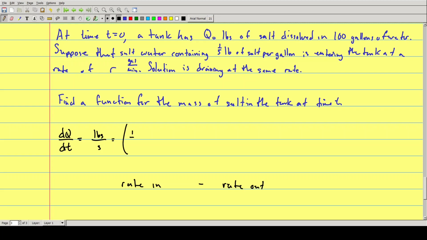So that is 1/5 pounds times R gallons per minute. Okay, sorry, the time measure is in minutes, excuse me.